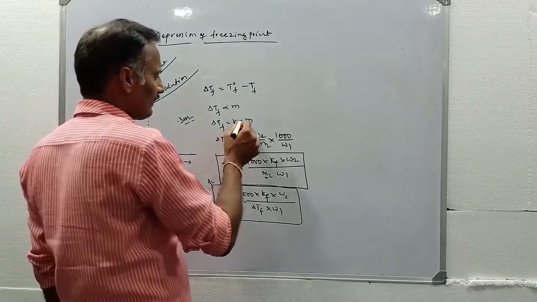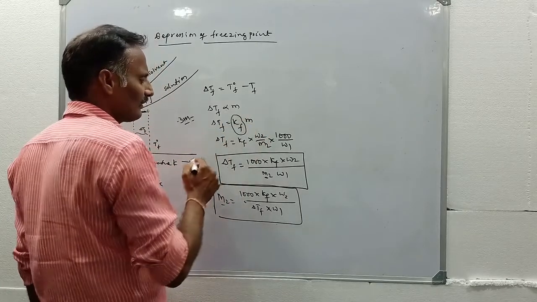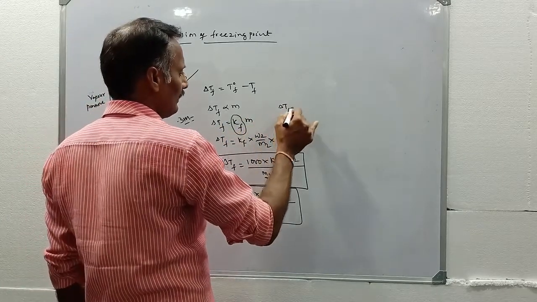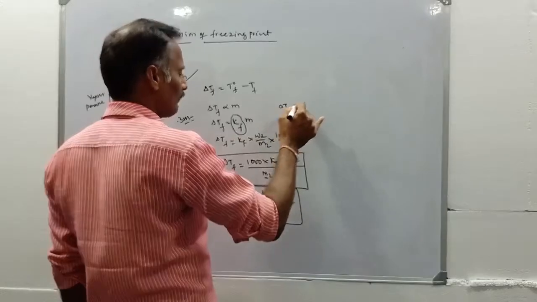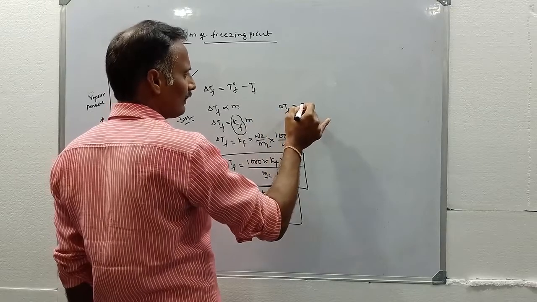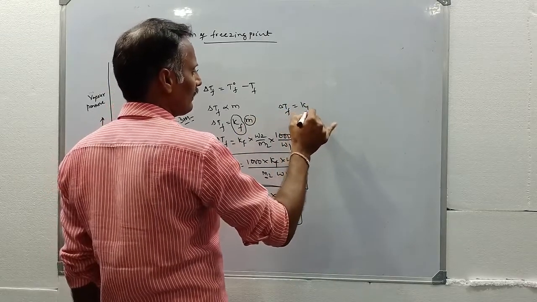And what is Kf here? Kf is called the cryoscopic constant. What is the cryoscopic constant? Depression of freezing point is equal to Kf into m. If m equals 1, then delta TF equals Kf.